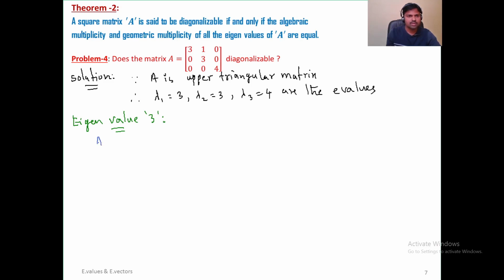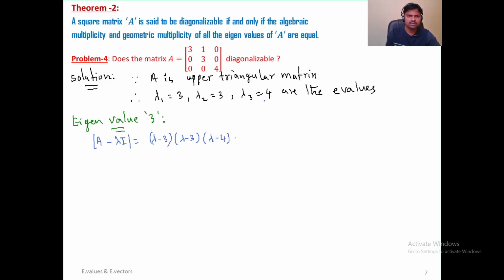So how to get the algebraic multiplicity? I want the characteristic polynomial, determinant of A minus lambda I. Since the eigenvalues are 3, 3, and 4, can you guess the characteristic polynomial? Lambda minus 3 into lambda minus 3, and lambda minus 4.